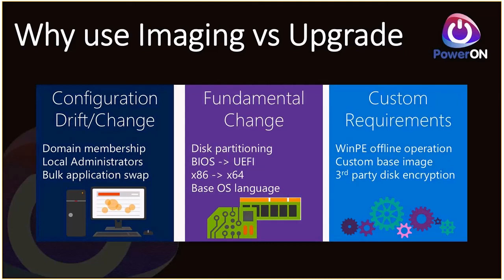We talked about the fundamental changes you might need to go through as part of your Windows 10 migration: change disk partitioning, that BIOS to UEFI migration, moving from 32-bit to 64-bit. You can't upgrade a 32-bit operating system to a 64-bit operating system. These are the types of scenarios that would require a wipe and load method, so imaging.